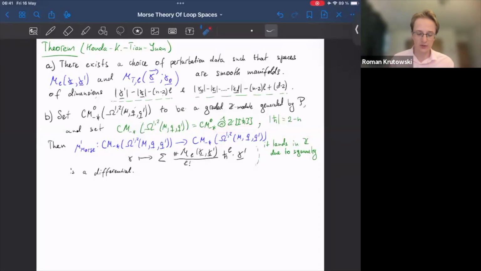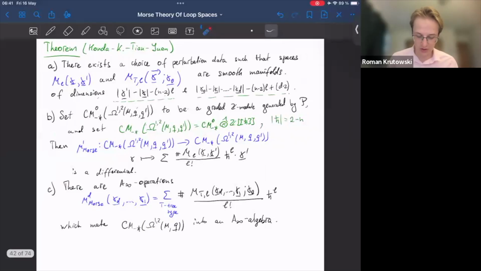And then if we define this mu1 Morse to be the count of all possible L's here of such sums, where for each L you have to multiply by h bar to the corresponding power, this makes it into a well-defined graded operator with grading shift of 1, and it is a differential.